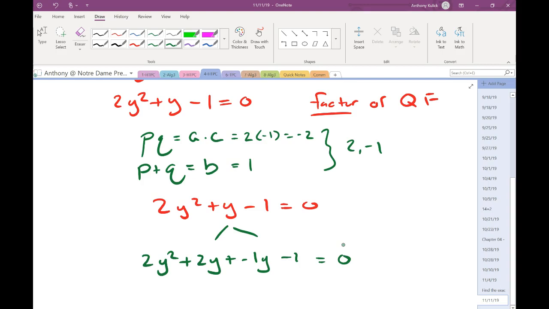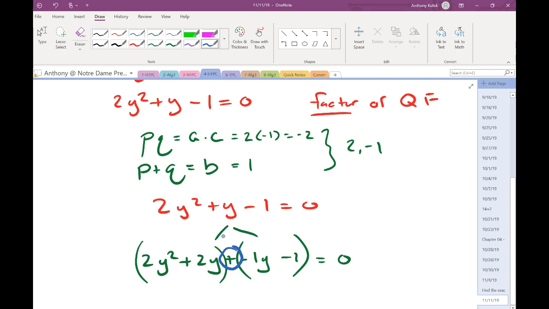Then we're going to make two groups. When we make our two groups, what's the thing that we have to remember? Have to have a plus sign in the middle of our two groups. If it's a subtraction symbol, it's fine. You just write it as plus and negative, like I've done here.